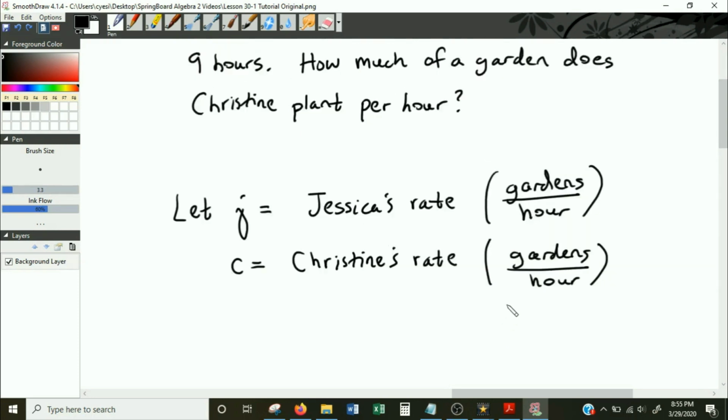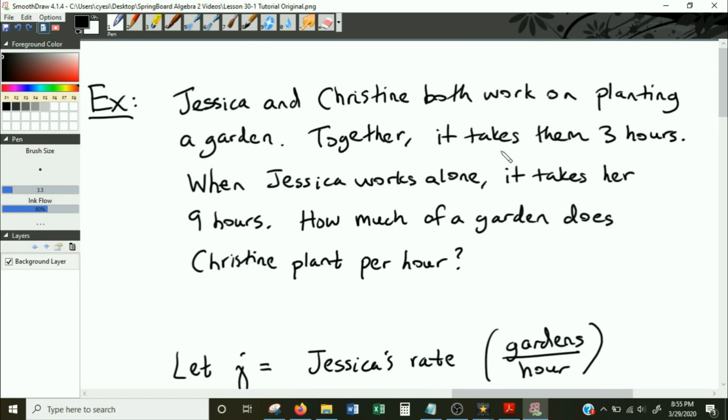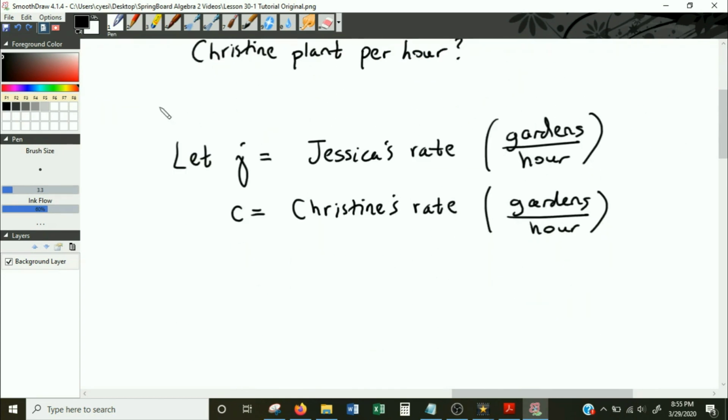So what we know is that it takes them both 3 hours when they do it together. So if I start with 3 hours and multiply it by Jessica's gardens per hour, let me actually just leave it as J. Okay, and then I add 3 hours times Christine's rate, I should get 1 garden.